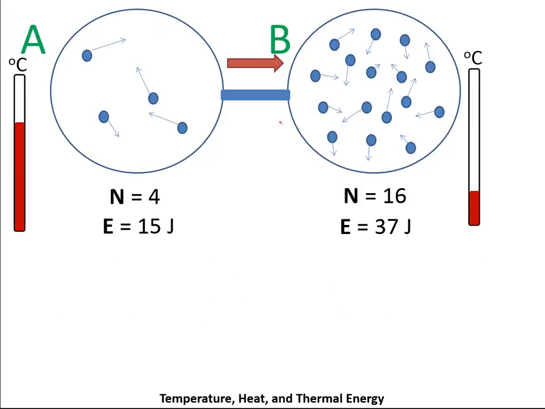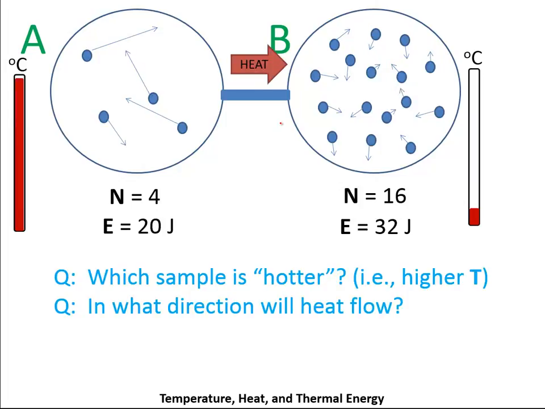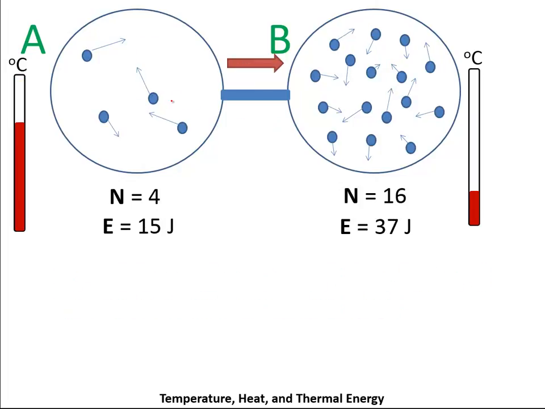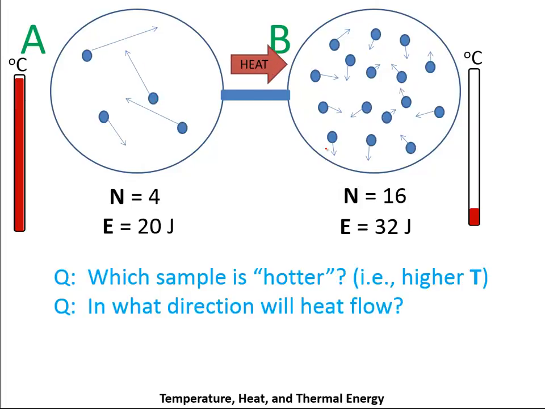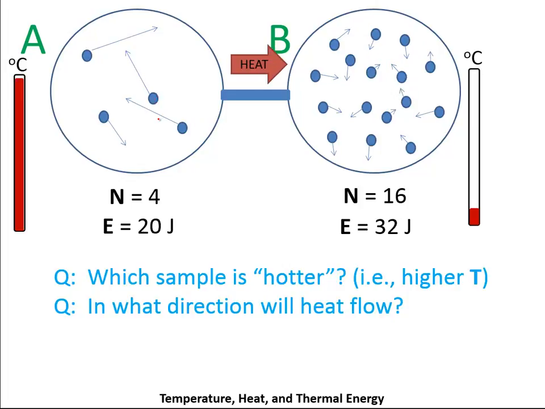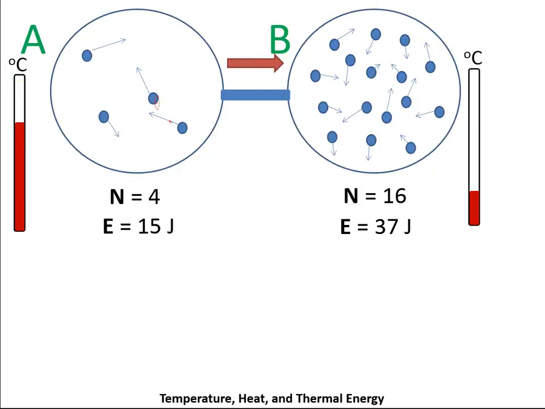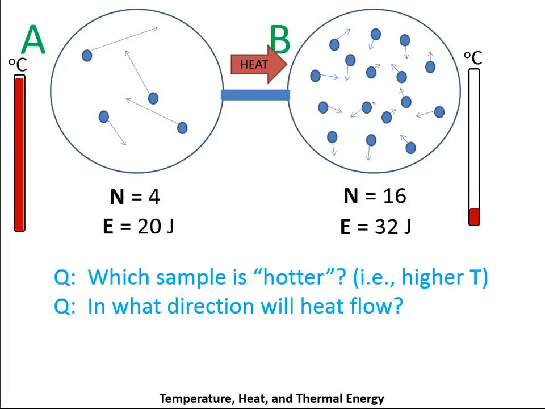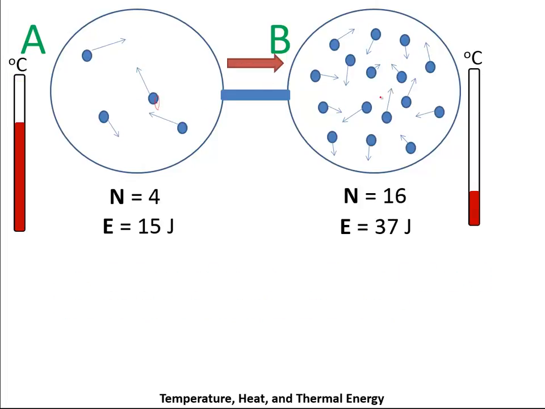Now, as the thermal energy is being transferred, watch what's happening to the speeds of the particles in both containers. So I'll kind of toggle back and forth between frame 1 and frame 2 a couple of times. Do you see how the atoms in sample A are getting a little bit slower and the atoms in sample B are getting a little bit faster?